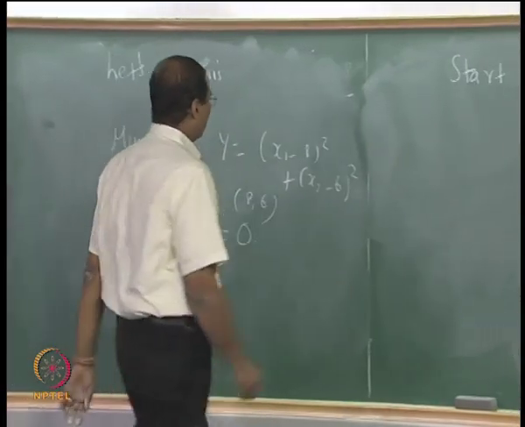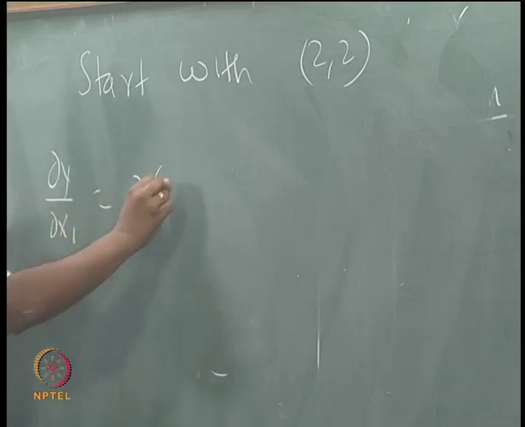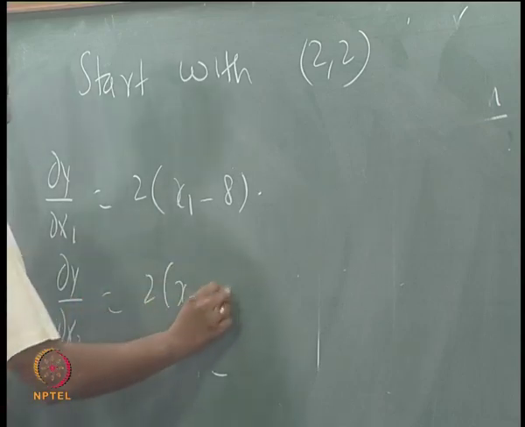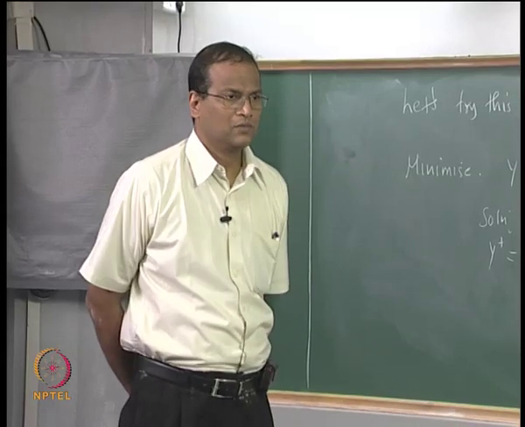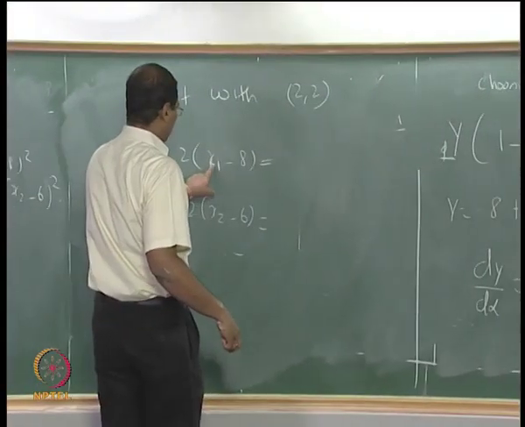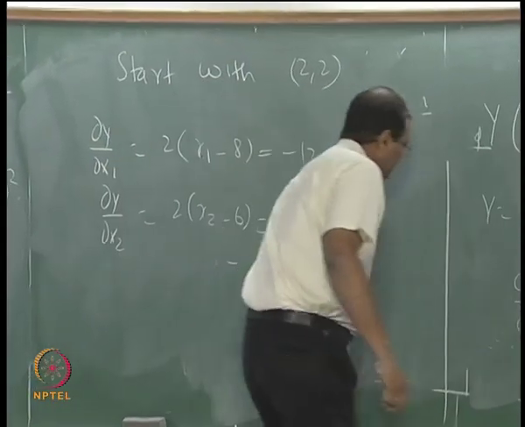Let us start with (2, 2), we can get dy by dx1. What is it? What are these now at the initial guess value? Minus 12, minus 12, minus 8, okay, very good.